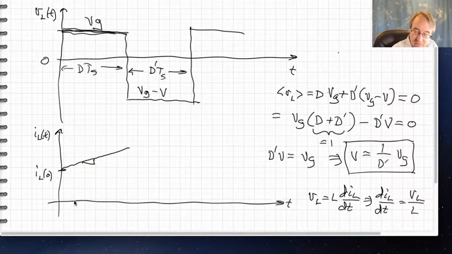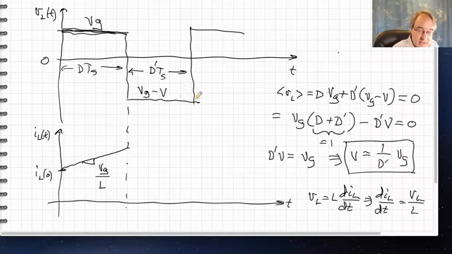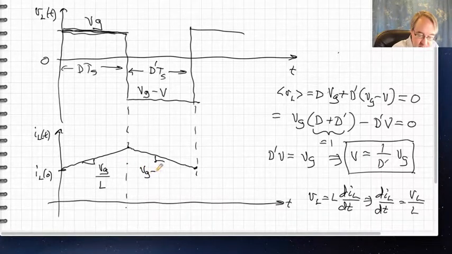The current goes up with a slope of the applied voltage Vg over L. And during the second interval, we have negative voltage, so we get a negative slope, and the inductor current goes back down with a slope of (Vg minus V) over L. If we're in steady state, we end up at the same current that we started at.